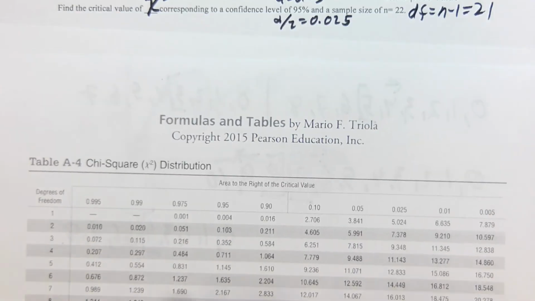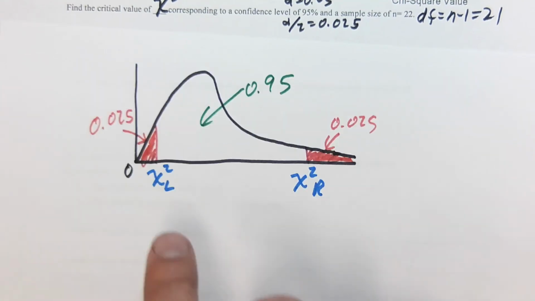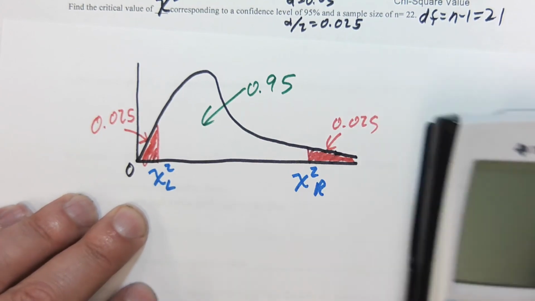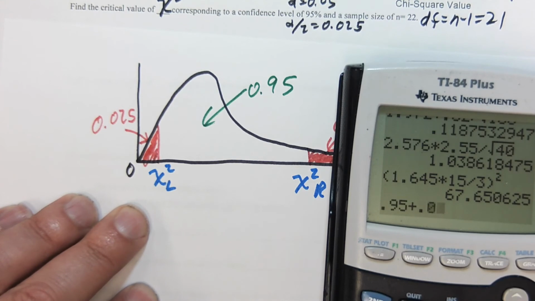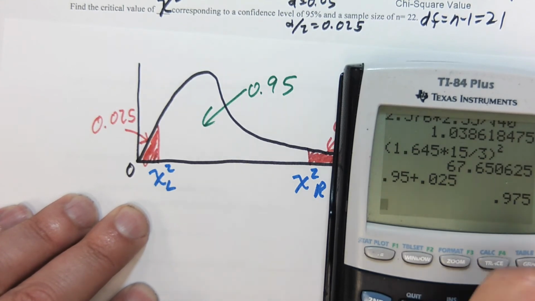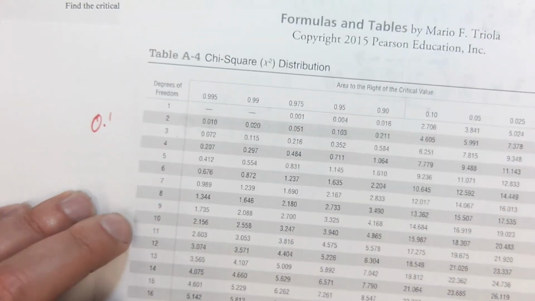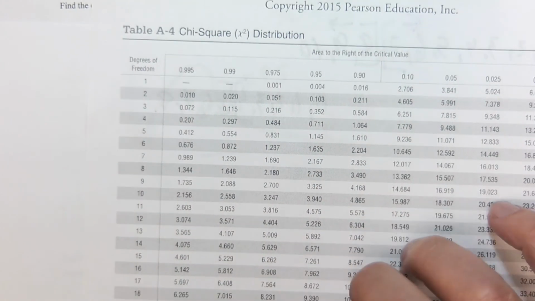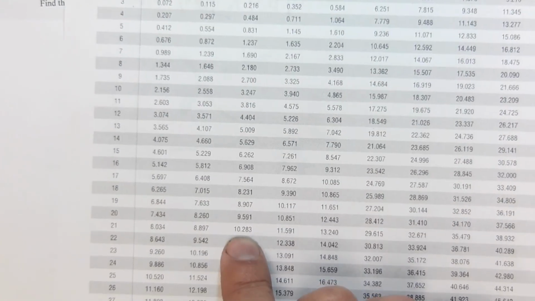And to be clear, for this first one, area to the right is 0.95 plus 0.025, so 0.975 is the area to the right for this left one. So I'm going to go down to the degrees of freedom of 21. So that is 10.283.